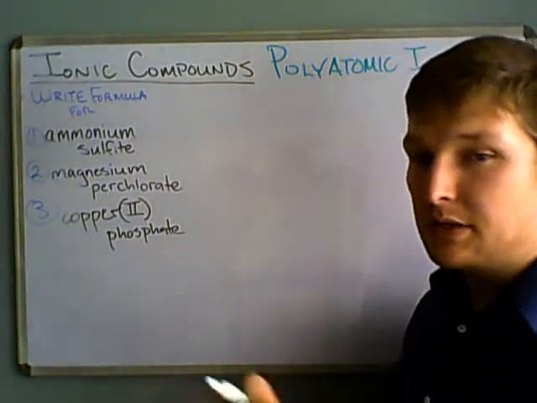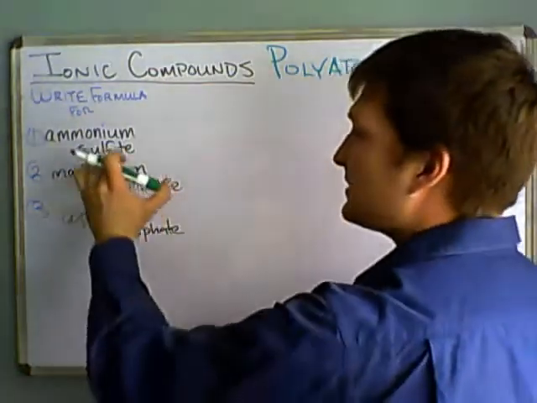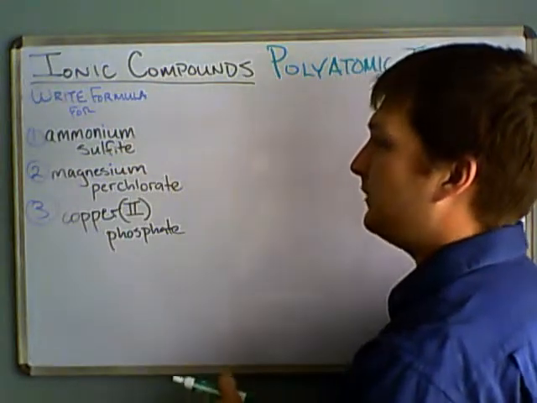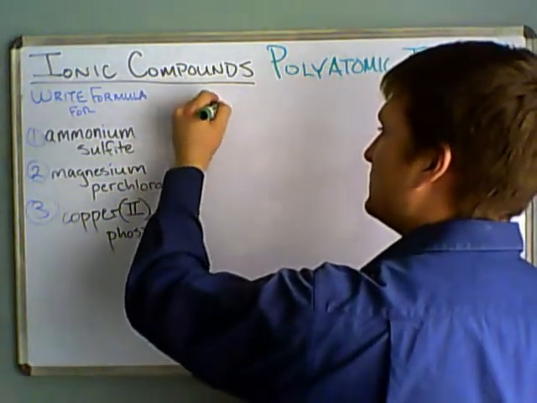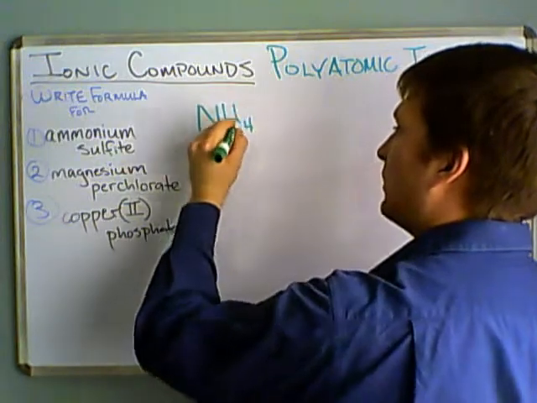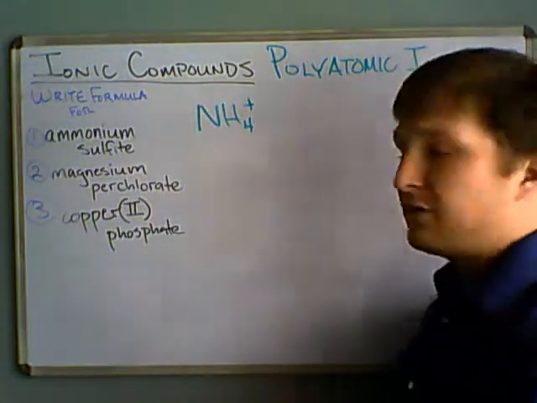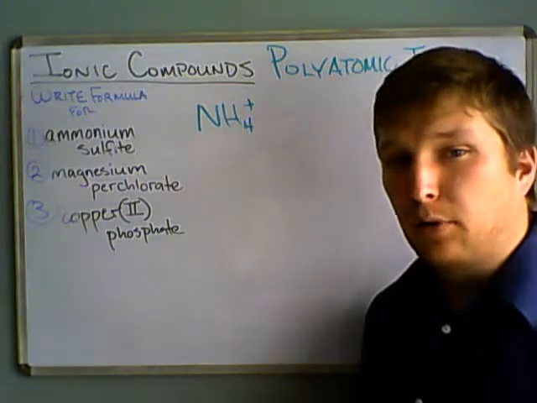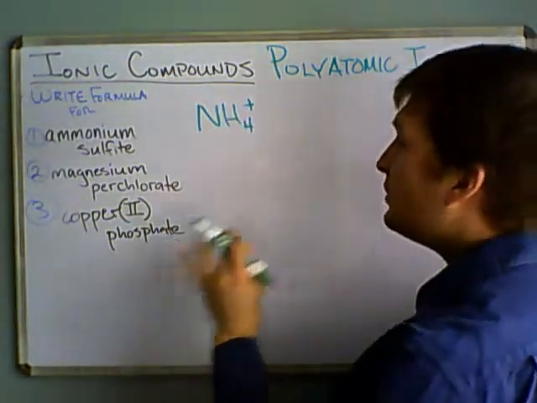We know the cation always comes first and then the anion. So the cation in this case is the ammonium ion, NH4+. You can reference that from the previous videos, in your book, or online. That's the ammonium ion.